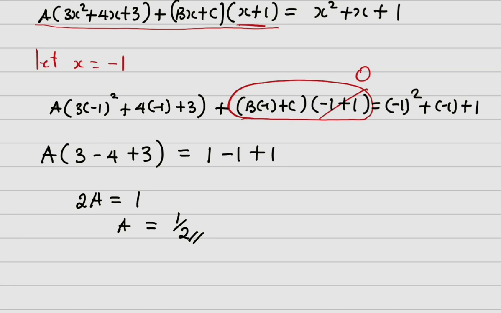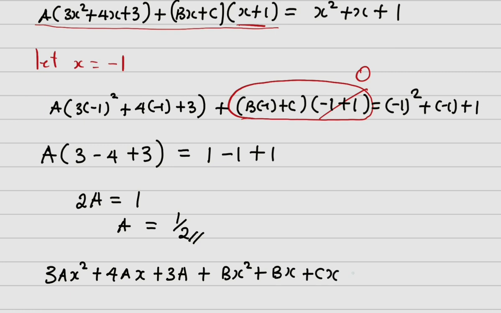So I'll start with this: a times 3x squared, I'm going to have 3ax squared plus 4ax plus 3a. Okay. Then plus bx times x is going to be bx squared plus bx, then plus cx, then plus c. Everything will be equals to x squared plus x plus 1.